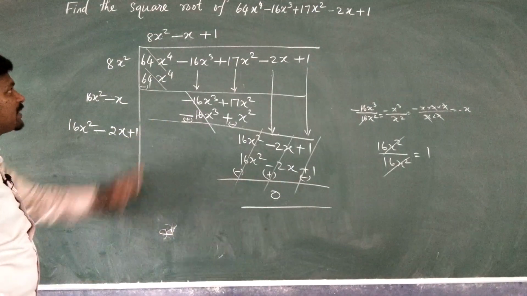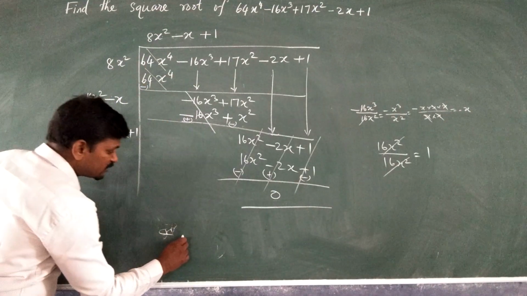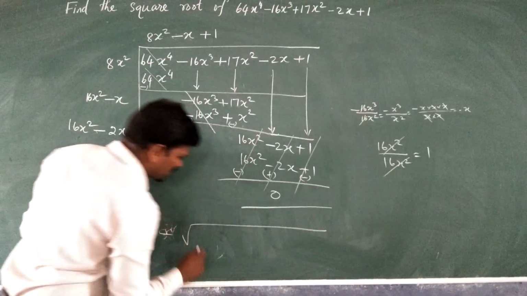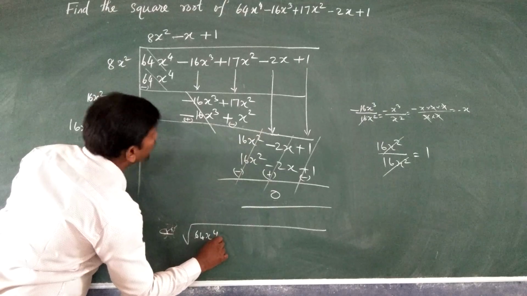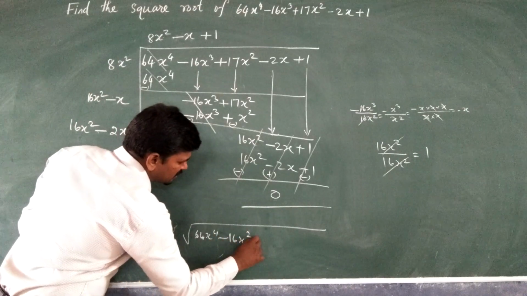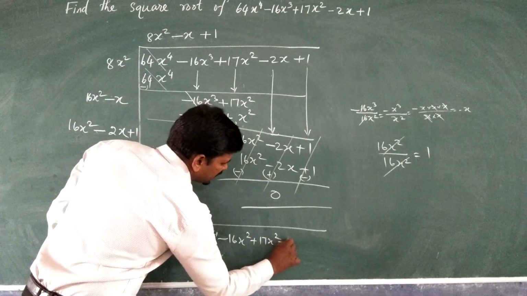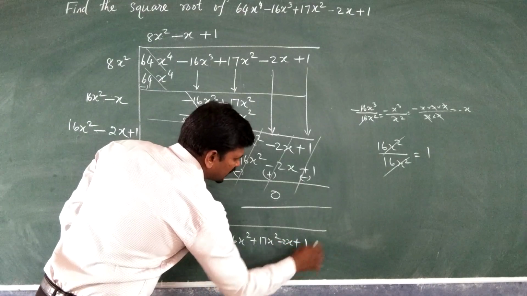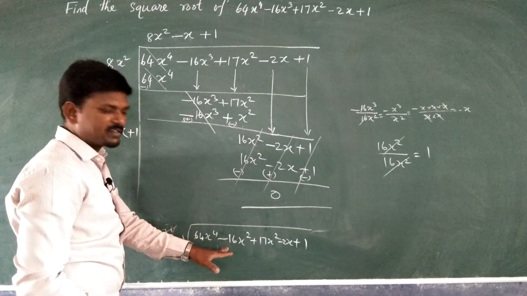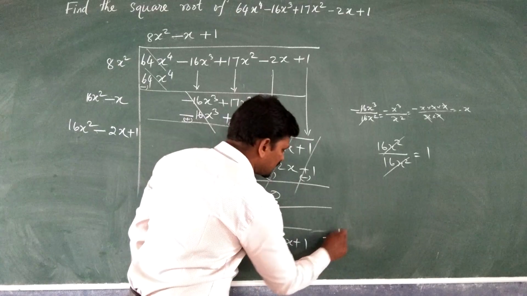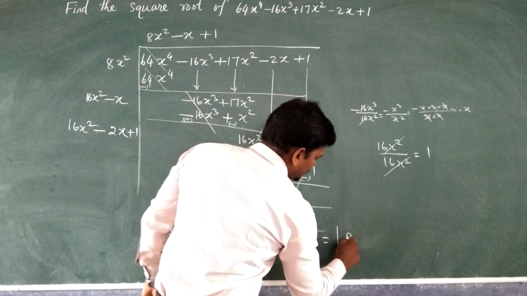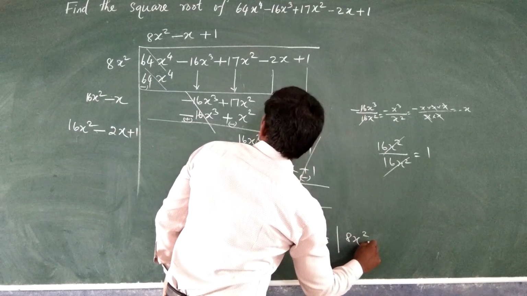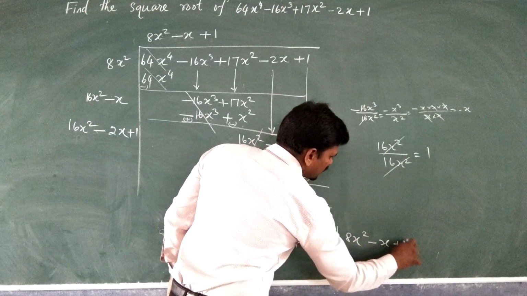After getting 0, what we have to find is the square root of 64x power 4 minus 16x cube plus 17x square minus 2x plus 1. The square root is equal to modulus, 8x square minus x plus 1.